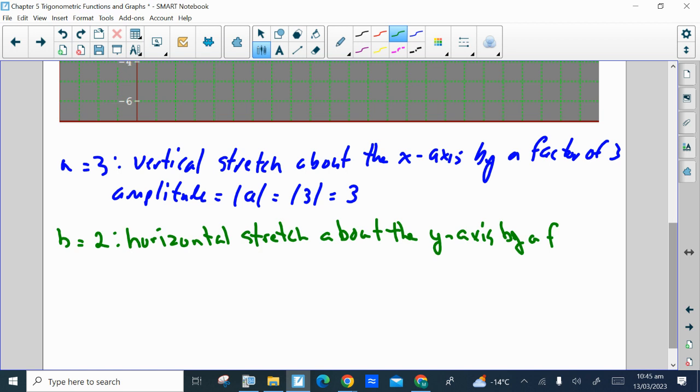But remember that the scale factor is always the reciprocal of b. It's going to cause a horizontal stretch about the y-axis by a factor of 1/2. So everything will be 1/2 of what it was before. Our period will be half of what it was before.